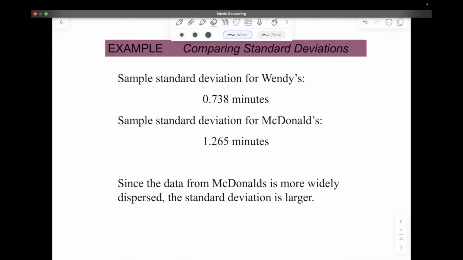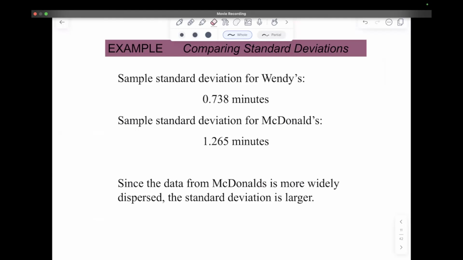Our sample standard deviation for Wendy's is 0.738 minutes. Sample standard deviation for McDonald's is 1.265 minutes. So the McDonald's data is more dispersed. Our range is probably bigger. It is more spread out. It means that it is less consistent.